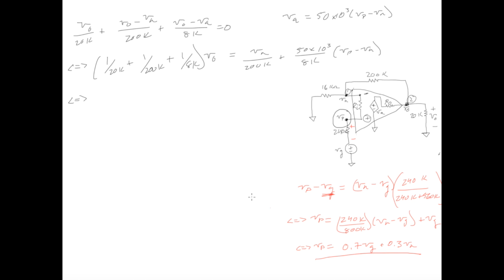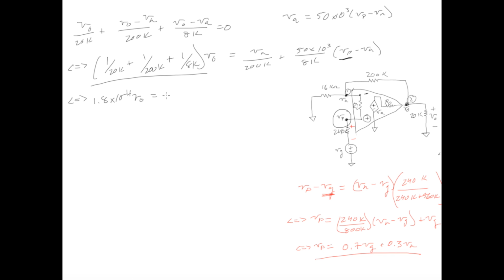Well, that's great. Now we can actually make a substitution into this equation we have here for Vp, which is right here. So now we can say that all of this, and if you were to simplify this, all of this would just simplify down to 1.8 times 10 to the negative fourth V0, and that would just be equal to, and 50 times 10 to the third over 8,000 is just equal to 6.25.